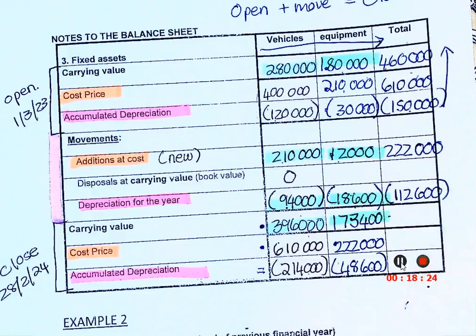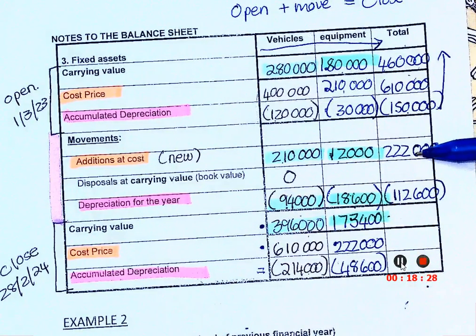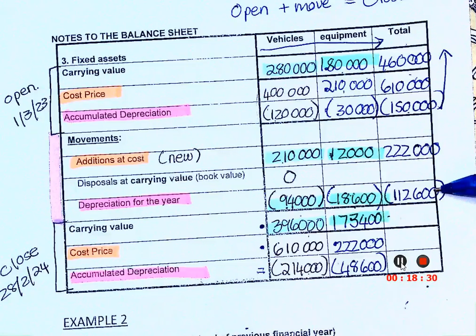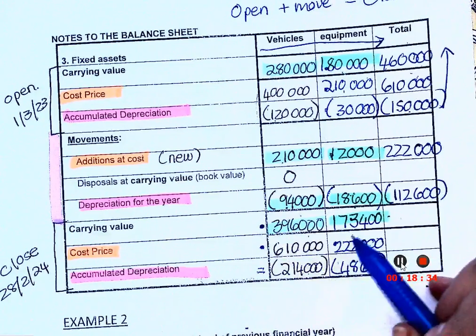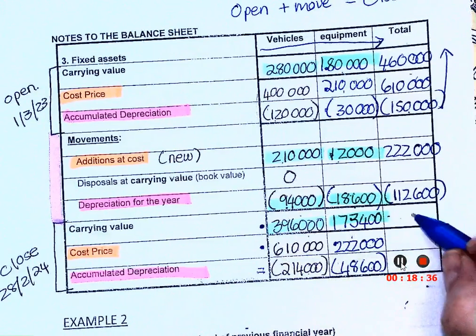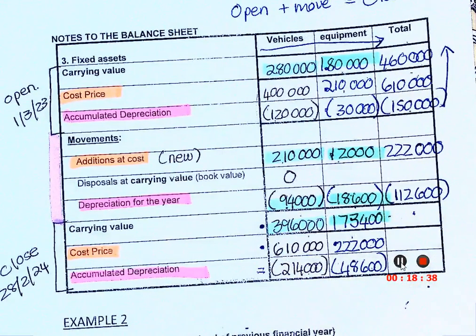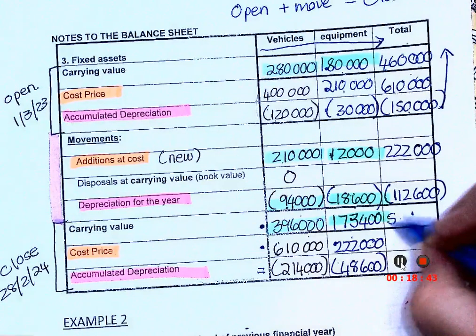The carry value, now I can do 460 plus 222,000 less 112, or I can say 396 plus 173. They both will give me the same answer, which is what? 569,400.